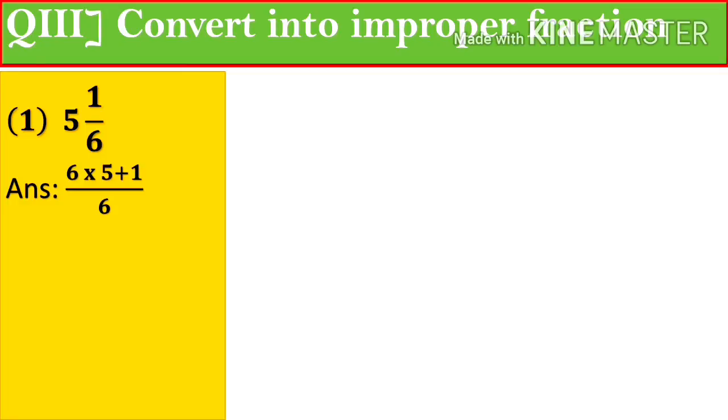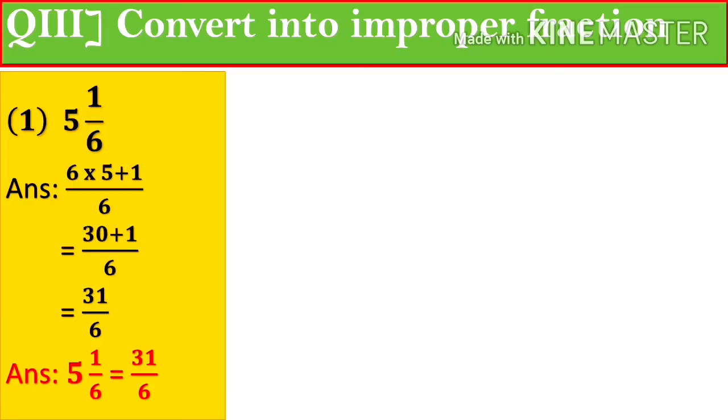So our denominator is 6, whole number is 5, and the numerator is 1. So how will we multiply? 6 multiplied by 5, that is the whole number, plus numerator 1, and upon we take denominator 6. So 6 fives are 30, plus 1 upon 6. So here we get 31 upon 6 as our answer.